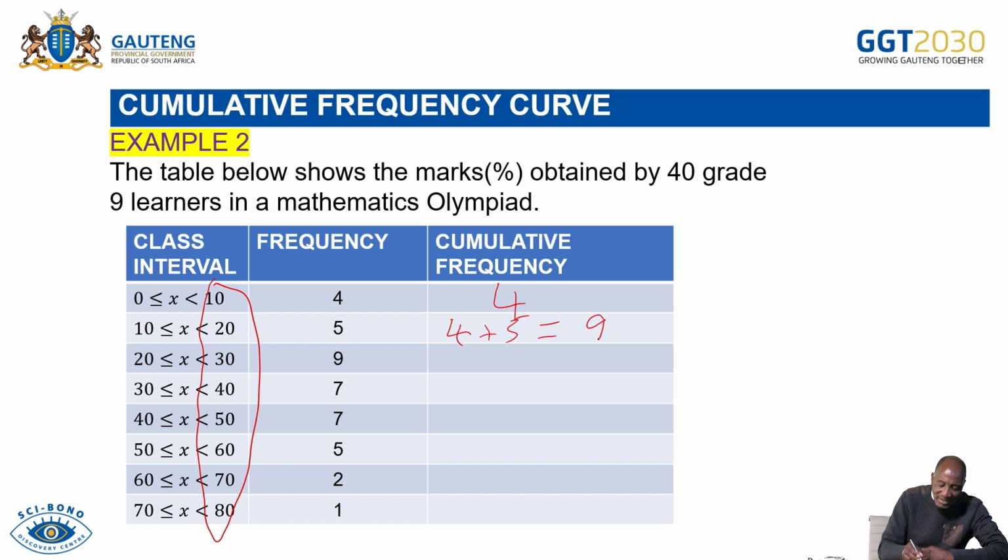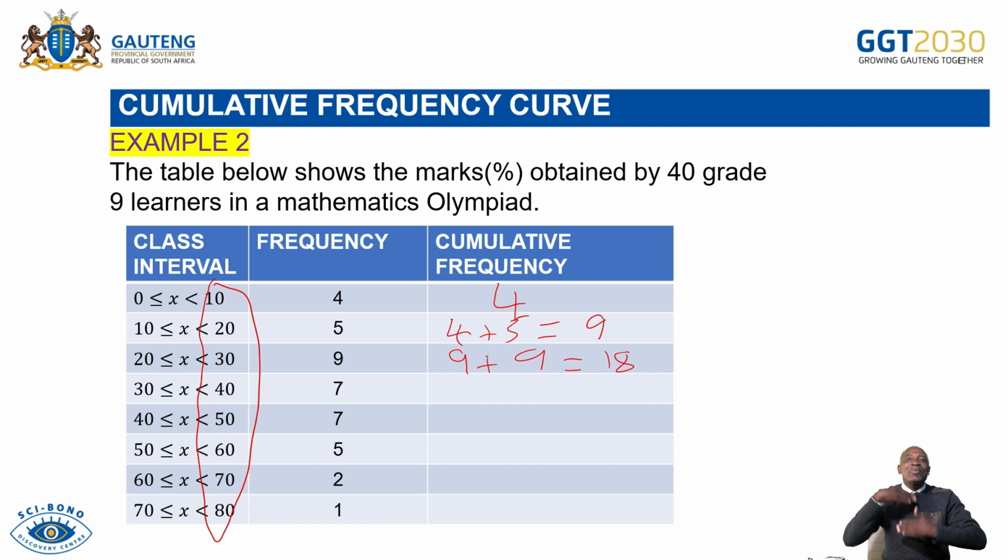That gives you 9. So there were 9 now. Up to 20, there were 9. How about up to 30? Where you ended in the previous class, you take that 9 plus 9. You add the new 9. So they are now 18. They are now 18. That's what we mean by cumulative frequency.